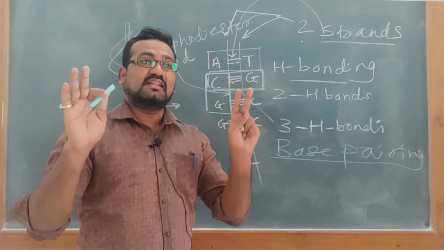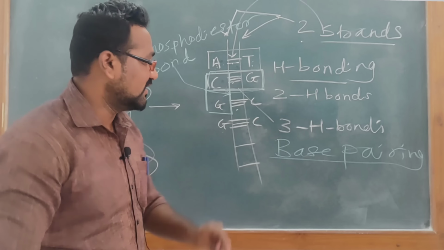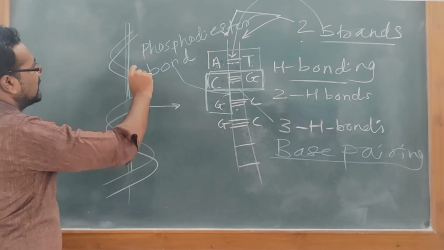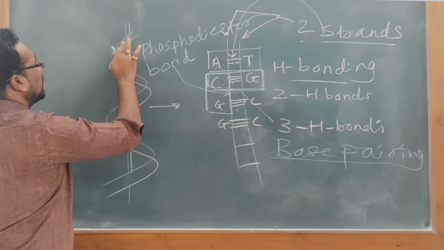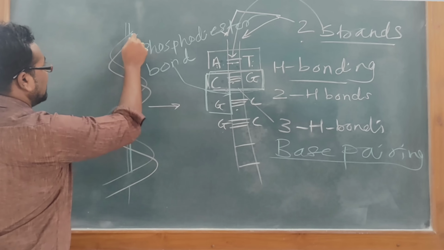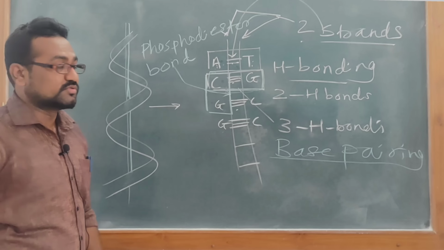But there are several concepts which are hidden here. Which concepts? When DNA is circulating around this imaginary axis, this DNA creates two types of grooves.